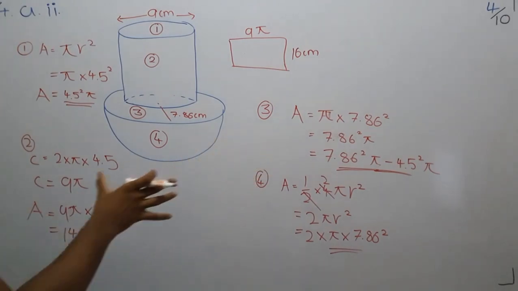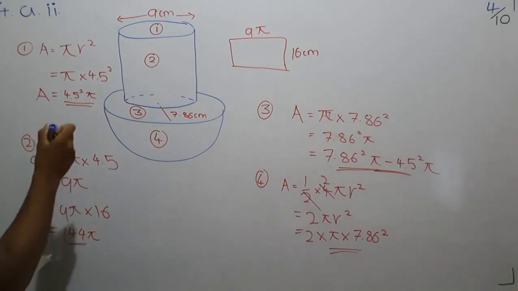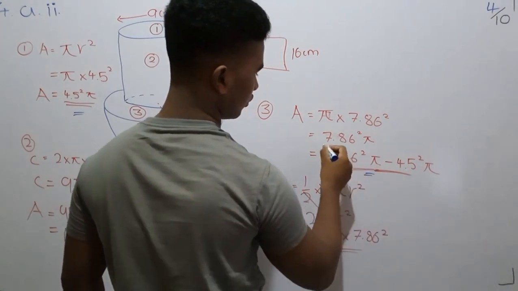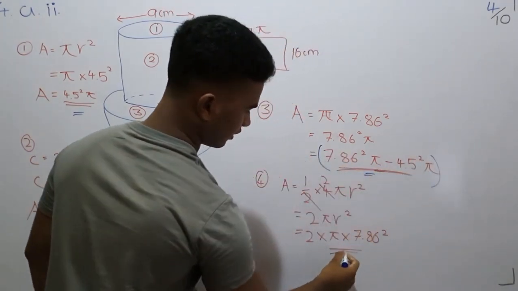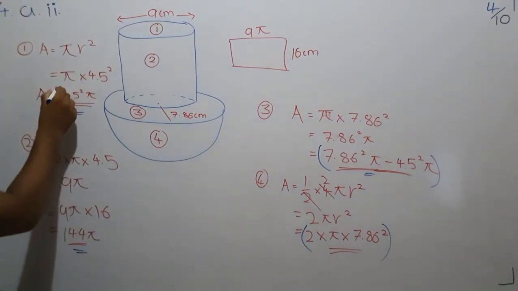Now add them all together. This area, the whole thing, and this area, the whole thing. Put brackets and add, then it will be easy.